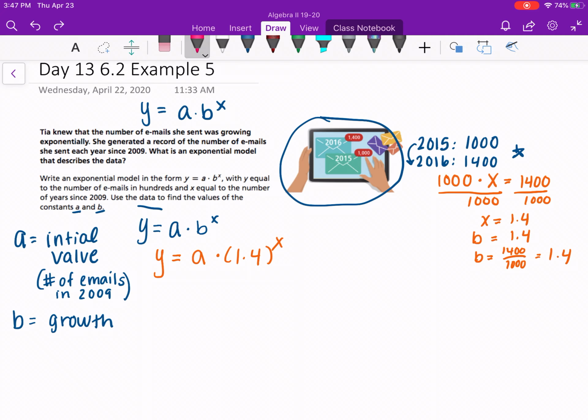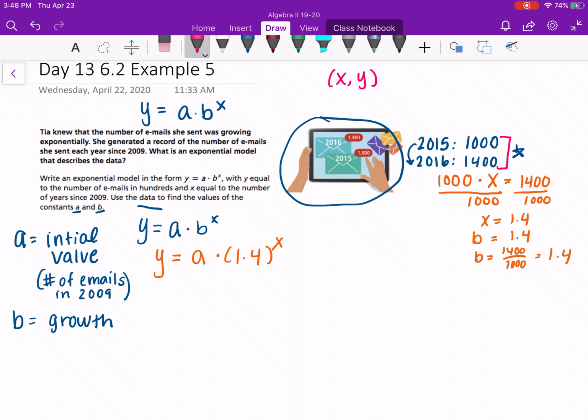We're remembering from the beginning of the year, from any time we've looked at a graph, that x is an input and y is an output. So x is time, in years since 2009, and y equals the number of emails. We can turn these little tidbits of information into an x and a y.